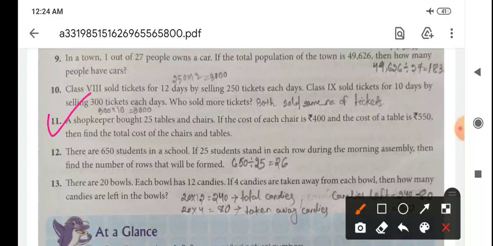Separately you find out first, then you add, then you get your answer. Then 12 number, there are 650 students in a school. If 25 students stand in each row during the morning assembly, then find the number of rows that will be formed. Just you divide, then you get your answer.